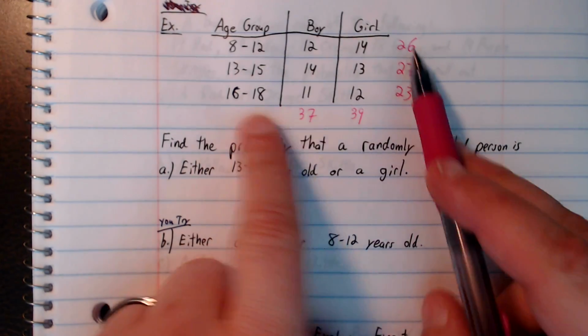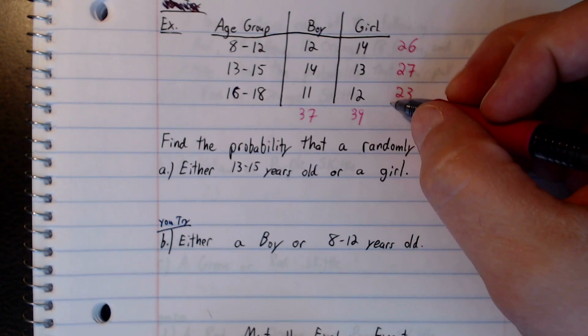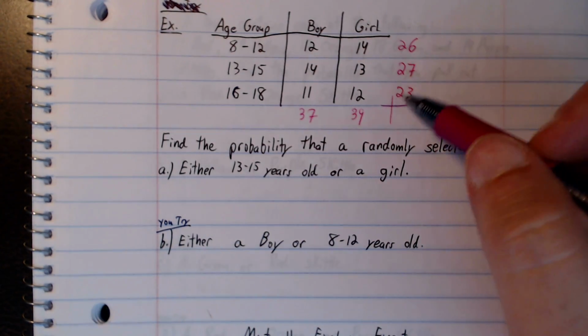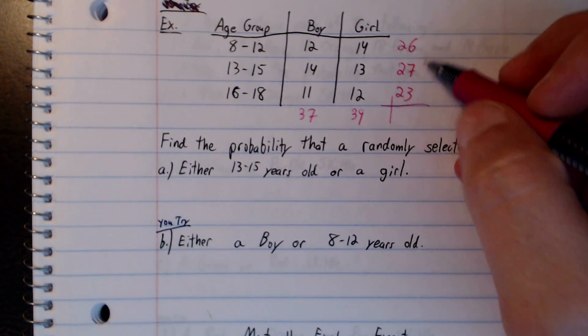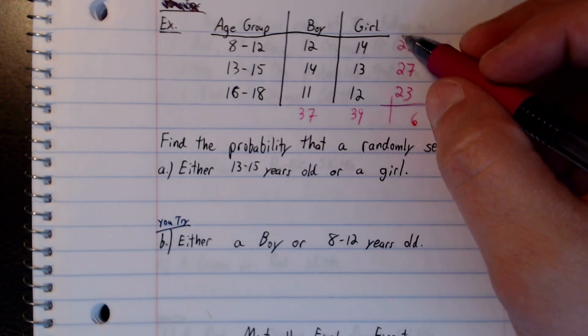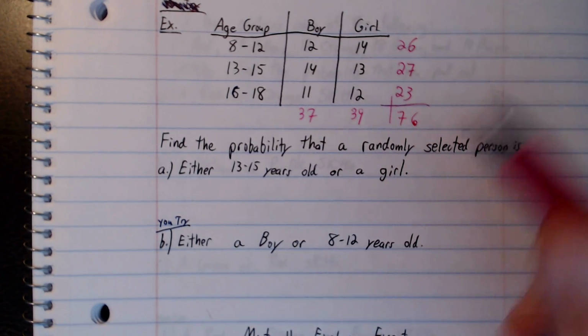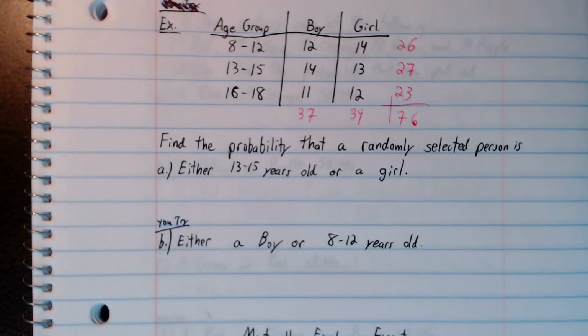Both of these should total to the same amount right here, so it doesn't matter which one we add. I'm going to just go straight down. 10, 16, 6, 76. That should also give us 76. Okay, so now we know a whole bunch of totals.